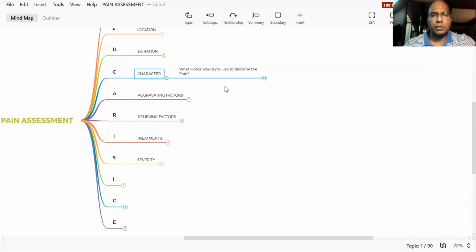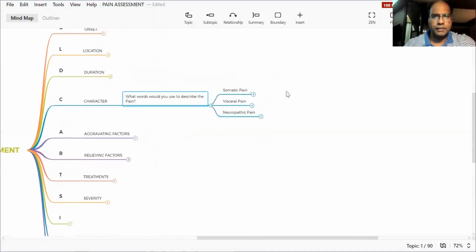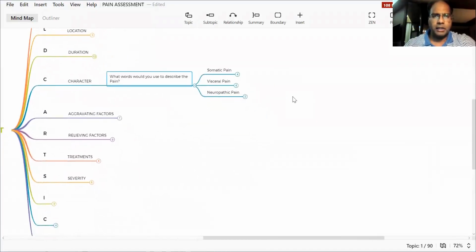The question that we should put before the patient is, in what words would you describe your pain, or what words would you use to describe the pain that you are feeling? He might say certain things, but we can look into the three classifications of pain.